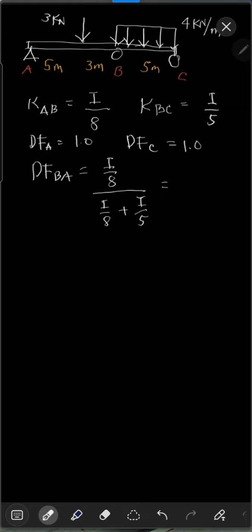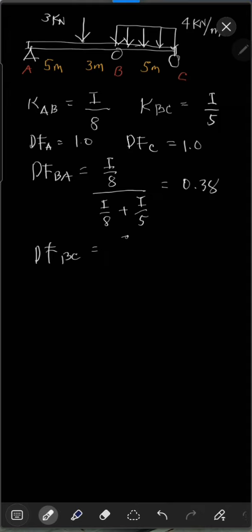So pila na siya? That is 0.38. Distribution factor still at the internal support pero towards the right. So instead of BA, padung ta BC na siya. So what is K sa BC?